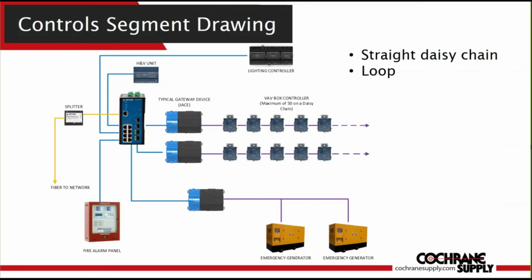Now we've got BACnet MSTP VAV boxes, right? So we're using 485, which is your purple line there, to network those devices. So for here, like I said, you're going to have to decide how you're networking those devices together as a controls contractor, whether it's a straight daisy chain or a loop.